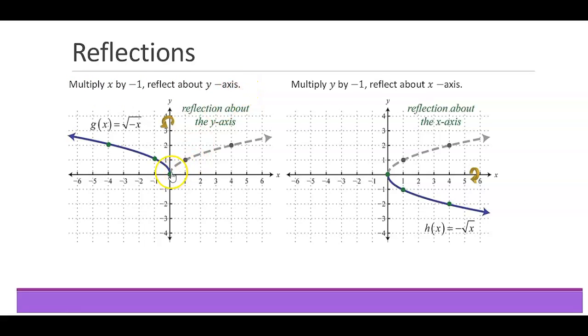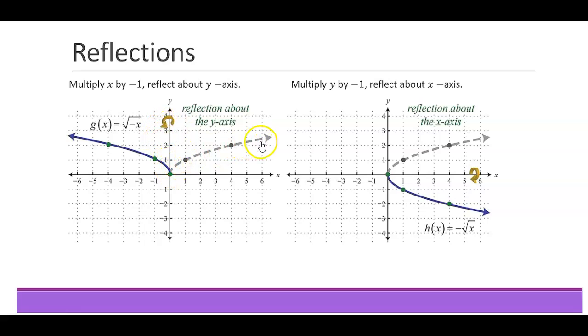So here we have a graphical example. Suppose we are considering the function y equals the square root of x, so that passes through 0, 0, 1, 1, 4, 2. Well, if we multiply the x by a -1, so that's putting a negative underneath the square root and multiplying that x by it, so the square root of -x, then what the graph looks like is the mirror image over the y-axis.